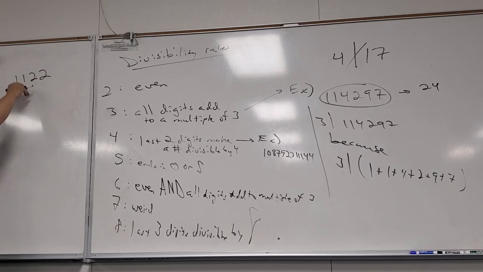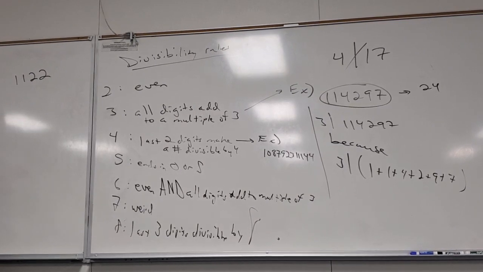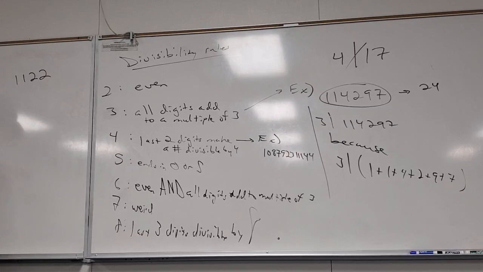Here you go, Jeff. Is that divisible by 3? Yes, because they add up to 6. 3 goes into 6. Is it divisible by 9? No, because they add up to 6 and 9 does not go into 6. You guys see the difference?